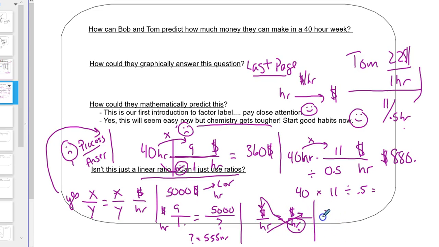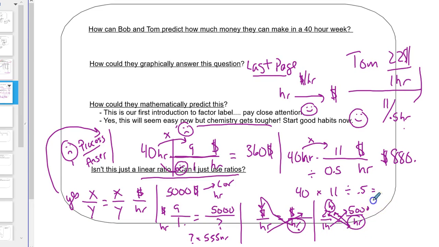So it's going to be $22 per 1 hour equals $5,000 over an unknown amount of time. So I'm going to move this guy up top here. This is my variable I'm looking for. So it's going to go, in this case, 22 hours up here, unknown value. And then move this guy down here to get onto that side, and move this guy up here. So I'm trying to get the variable I want all by itself.